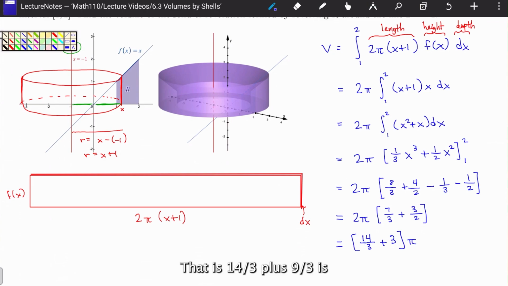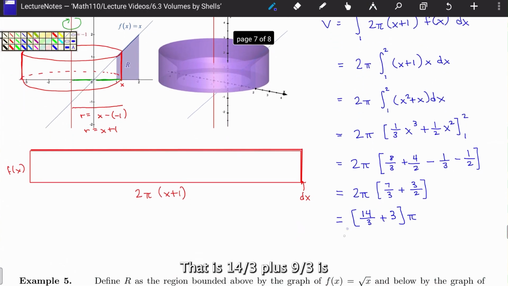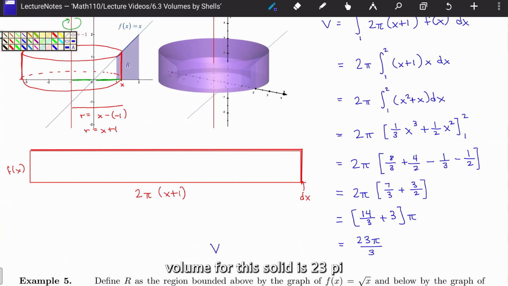That is 14/3 plus 9/3, which is 23 pi over 3. So the volume for this solid is 23 pi over 3 cubic units.